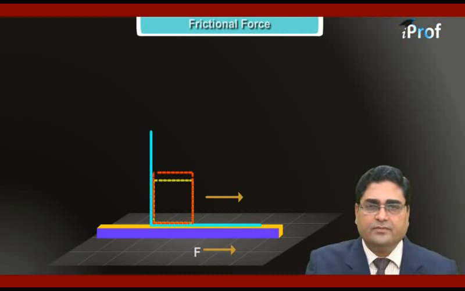As long as the block remains at rest, the frictional force is known as static frictional force, and when the block starts sliding on the surface, the frictional force is known as kinetic frictional force. Now first look at some properties of frictional force.